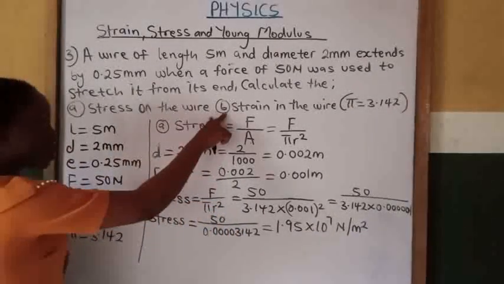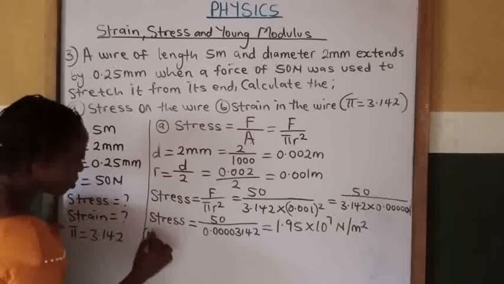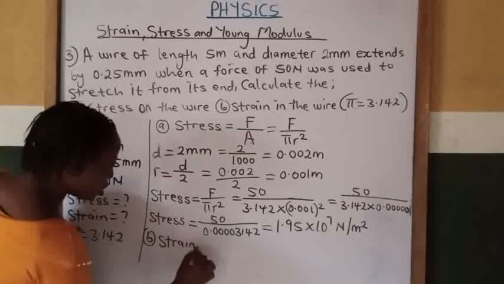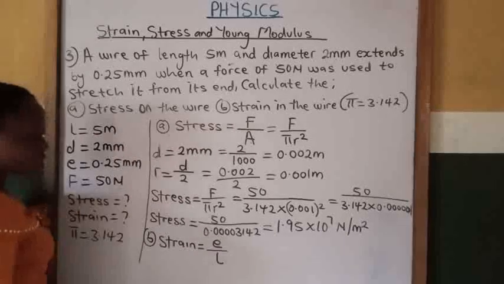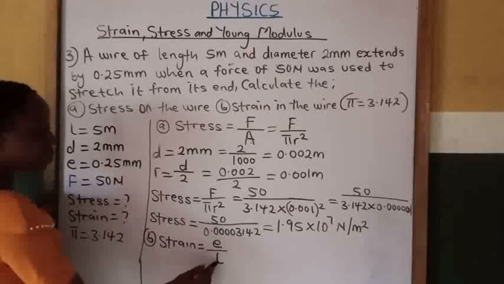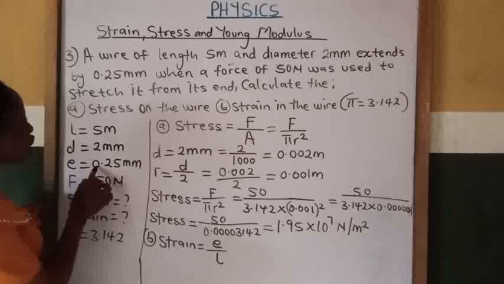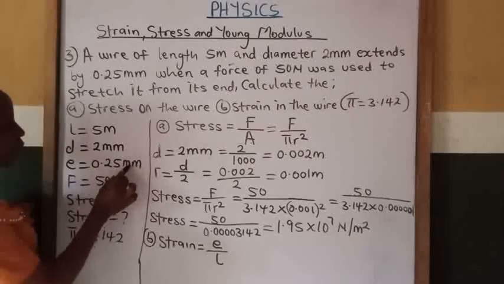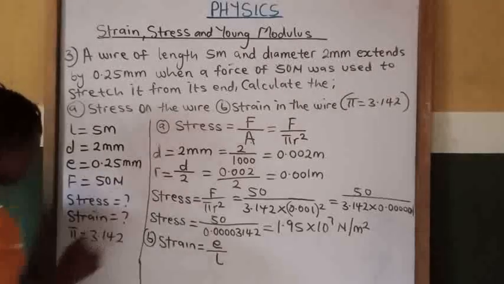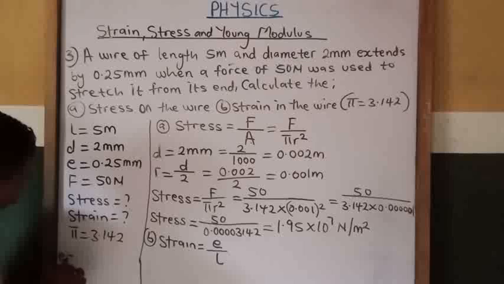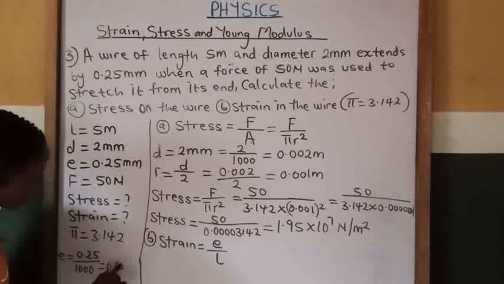So question B, we are looking for the strain. Strain equal to extension divided by the original length of the wire. So extension equal to 0.25 millimeter. We have to convert this 0.25 millimeter to meter. So therefore E equal to 0.25 divided by 1000 will give us 0.00025 meter.